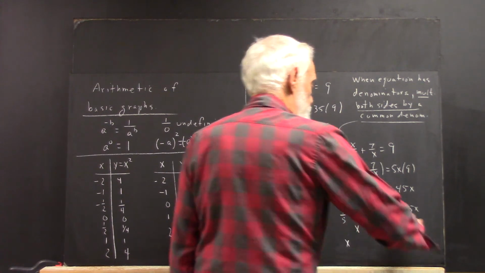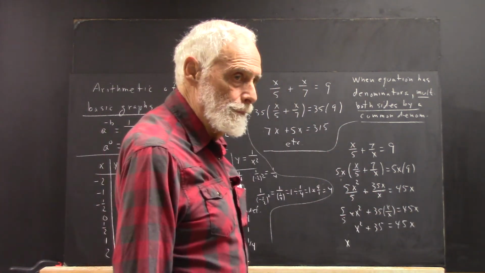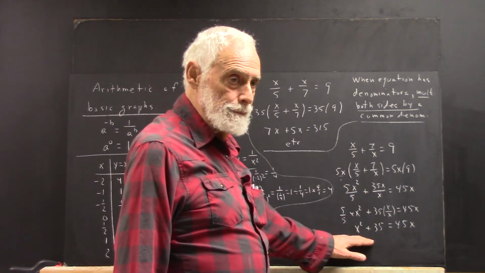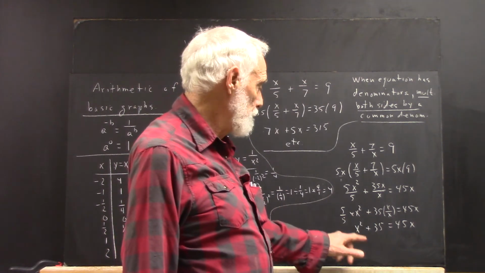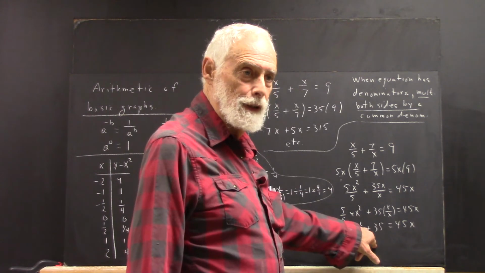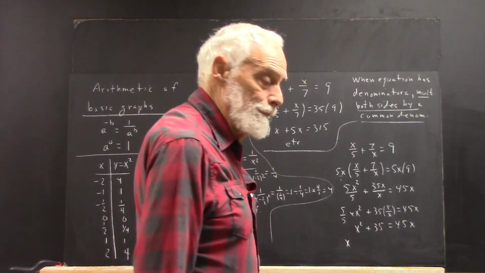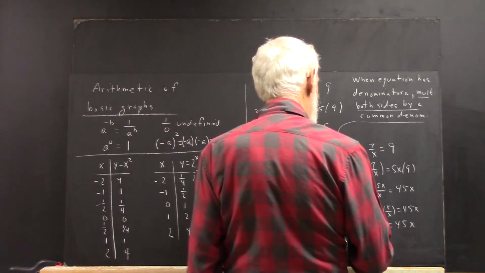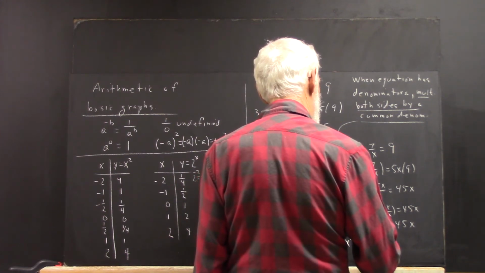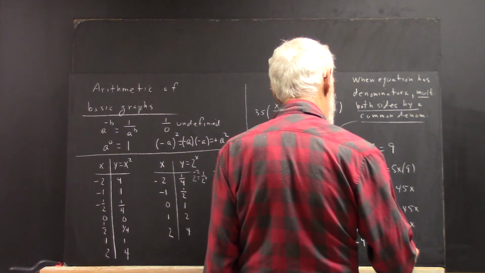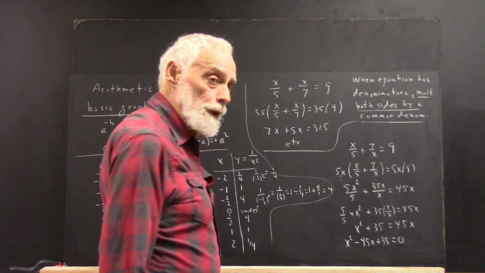And then you've got what? What do you do with this? You recognize this instantly as a quadratic equation. You've got an x squared and an x and a number, right? And you rearrange that and you go through the steps. You do this.